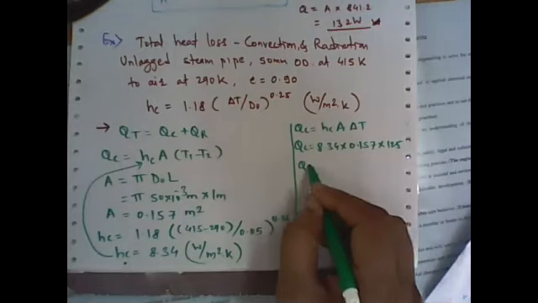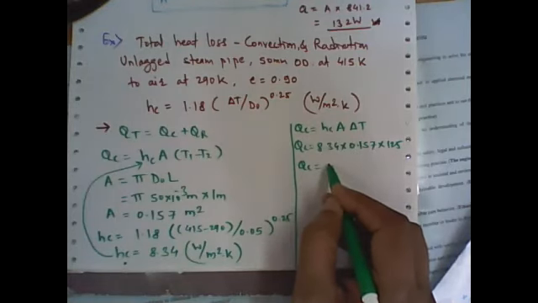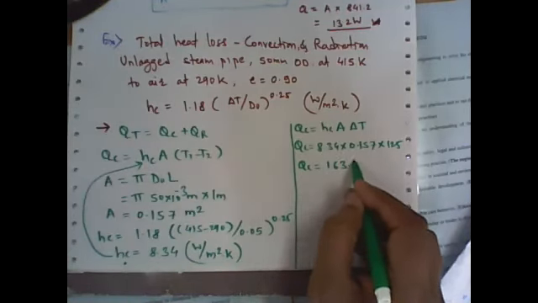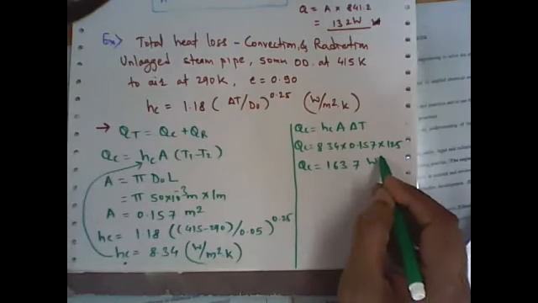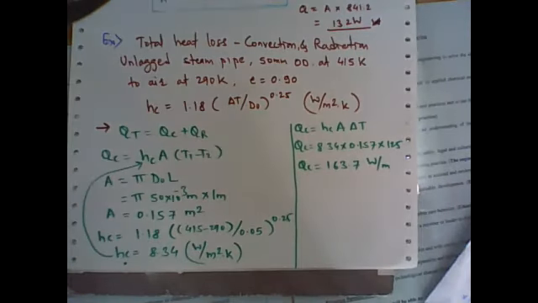So QC is 163.7 watt per meter, or simply watt, because we are taking the calculation on the basis of length as 1 meter.